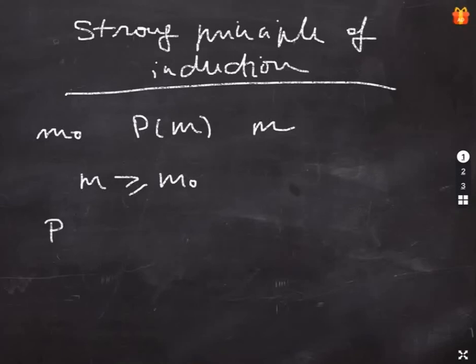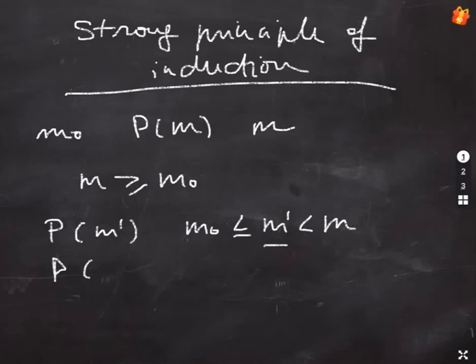If P(m') is true for all natural numbers m' obeying m0 smaller or equal to m' and m' strictly smaller than m, then P(m) is also true.